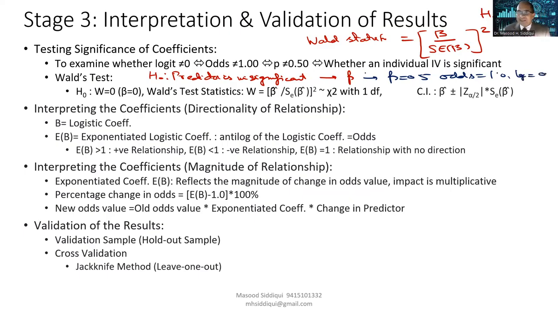If this is not the case, then it goes either to the positive or to the negative side. So here we examine the Wald coefficient. This is the formula. And if the p-value is less than 0.05, we reject H naught, and accordingly we say that the predictor is significant.